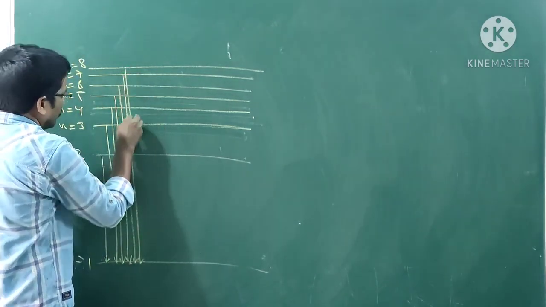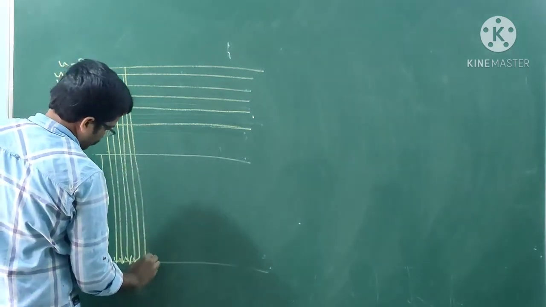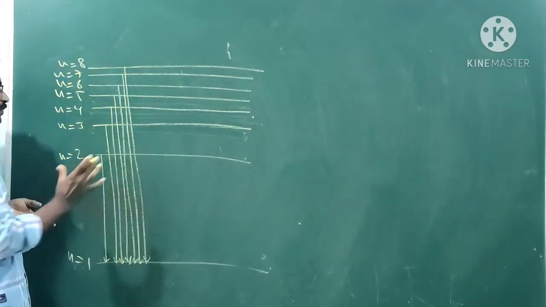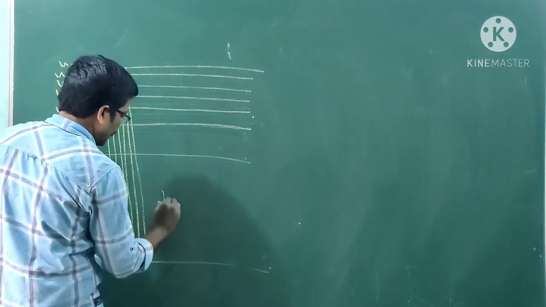You may write down another line, eighth level too. These lines are known as the Lyman series.